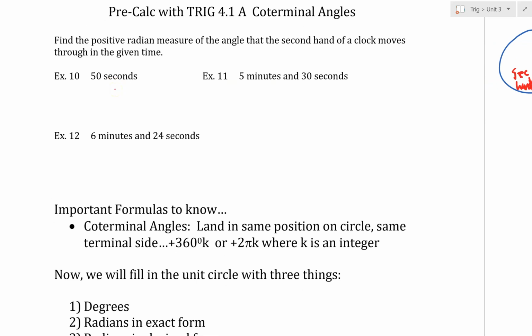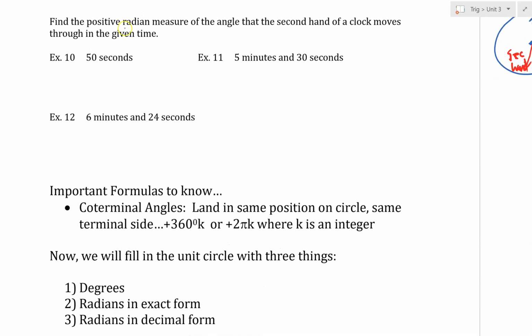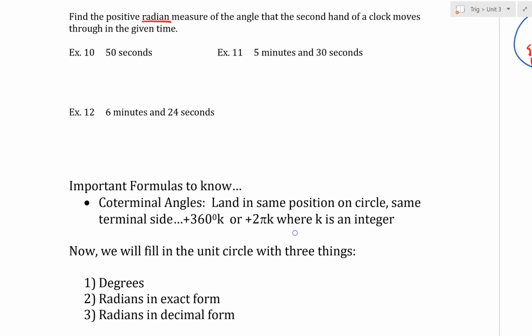So 50 seconds. How do we want to approach this? Well, the first thing we want to point out to you guys is that the question is saying that they want you to find the positive radian measure. That means you're going to have to use radians, not degrees here. 50 seconds. Well, how many seconds are in a minute? 60. So that means this is 5/6 of a minute. We're going to multiply that by.